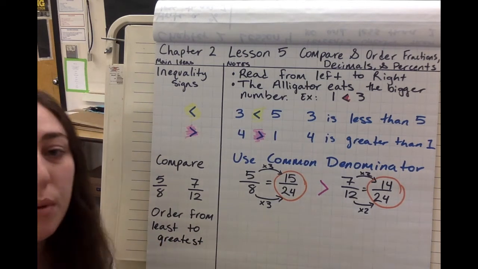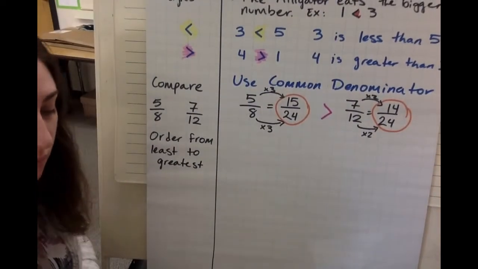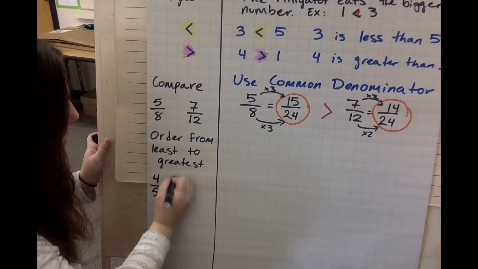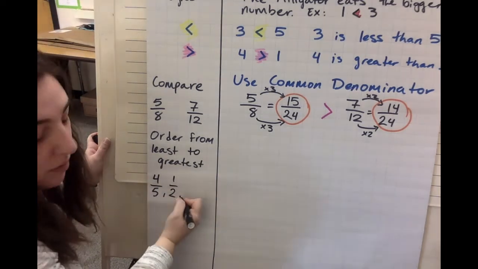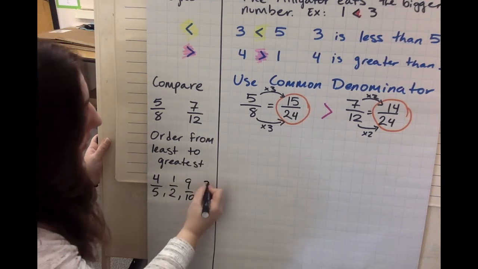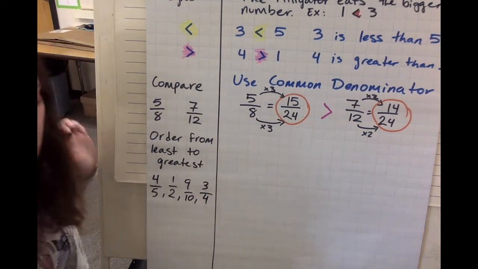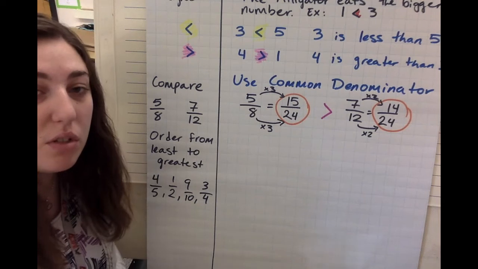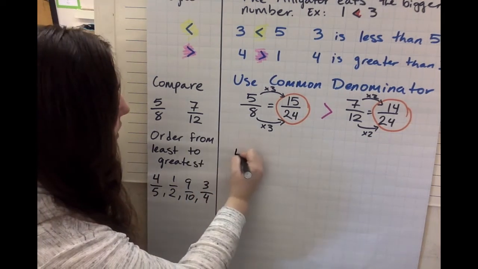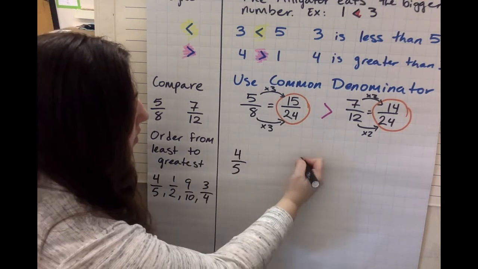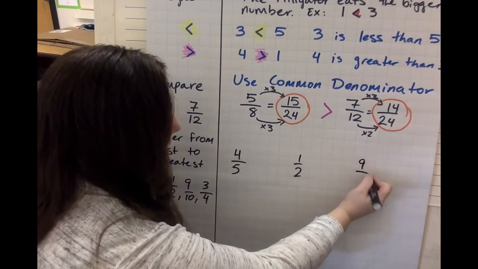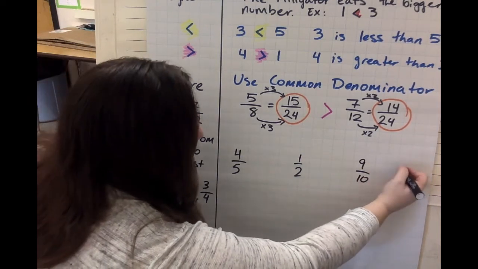Okay, so let's say we wanted to order the numbers 4/5, 1/2, 9/10, and 3/4. Again, what we have to do is use a common denominator. So I'm going to set up all my numbers here: 4/5, 1/2, 9/10, and 3/4.